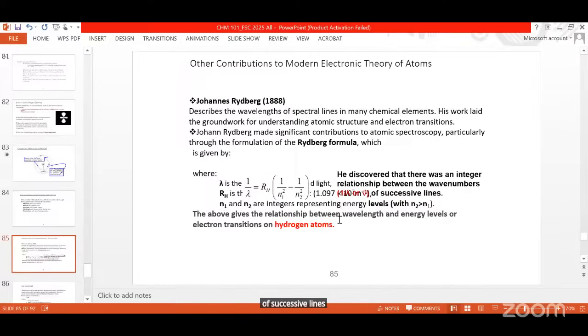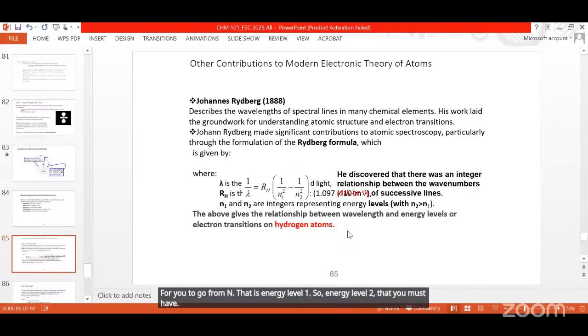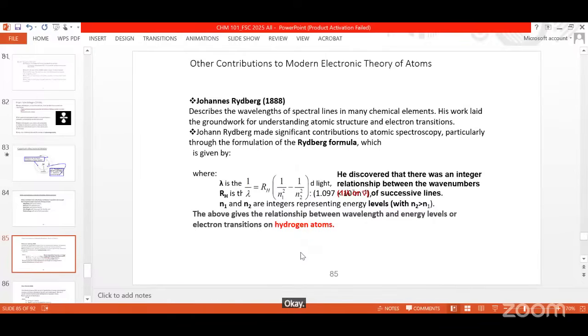He actually discovered the spectral lines, so he described the wavelength of lines in many chemical elements. What this means is that for you to go from N, that is energy level 1, to energy level 2, you must have the energy that is required to move from one energy level to the other.